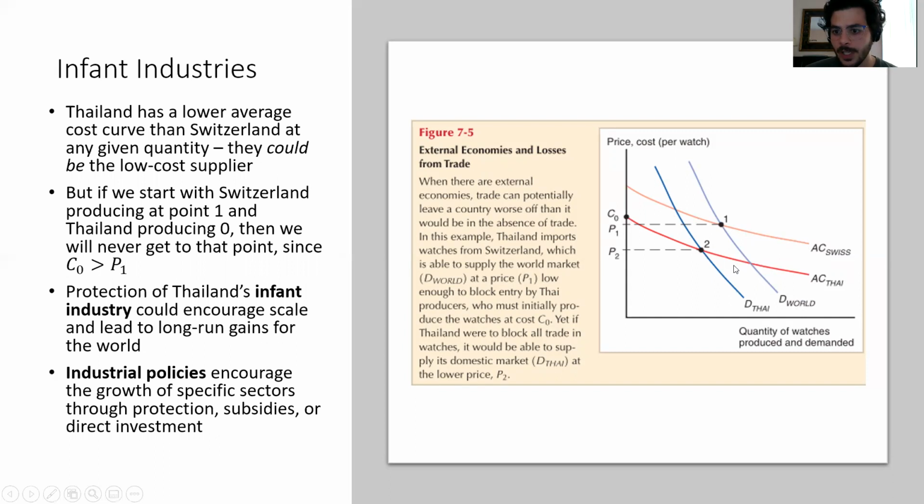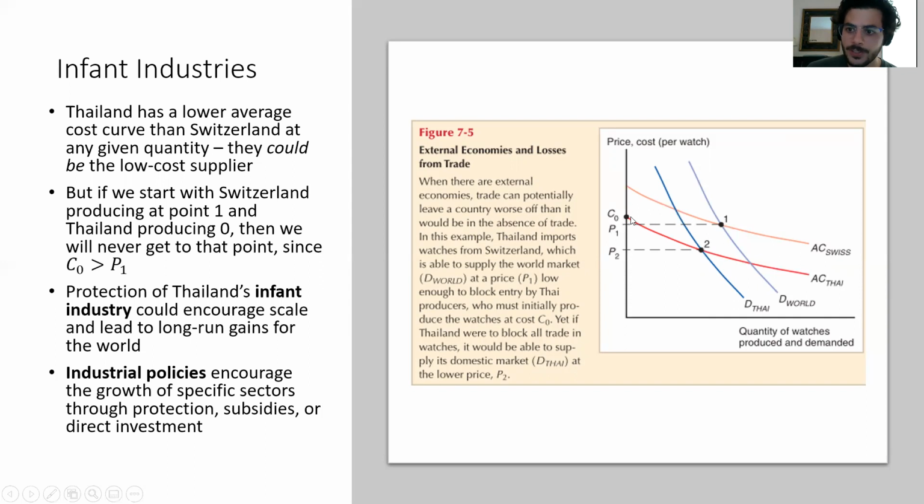So Thailand actually does have, in this case, an absolute advantage in producing watches. At any given quantity level, Thailand always has a lower average cost of producing watches. However, we're starting from a point where Thailand is not producing any watches and Switzerland is supplying the whole world. And so what that means is that Thailand has to start over here at C0.